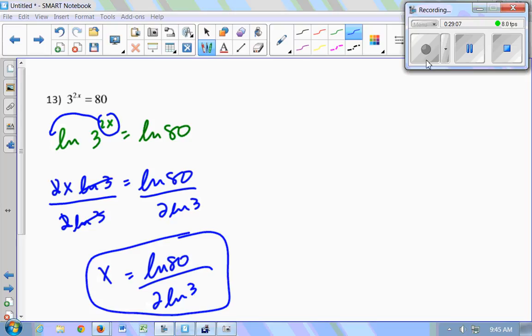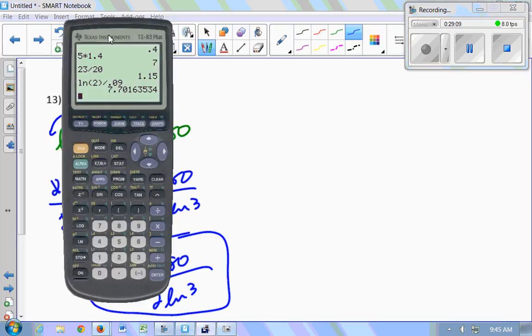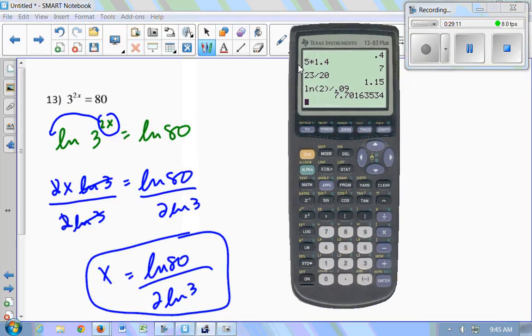And one of the great things about just being given an equation to solve is that you can check it, right? So I could do ln of 80 divided by 2 ln 3, and I get about 2.4, right? So for my own checking purposes, I can say, okay, that's about 2.4.